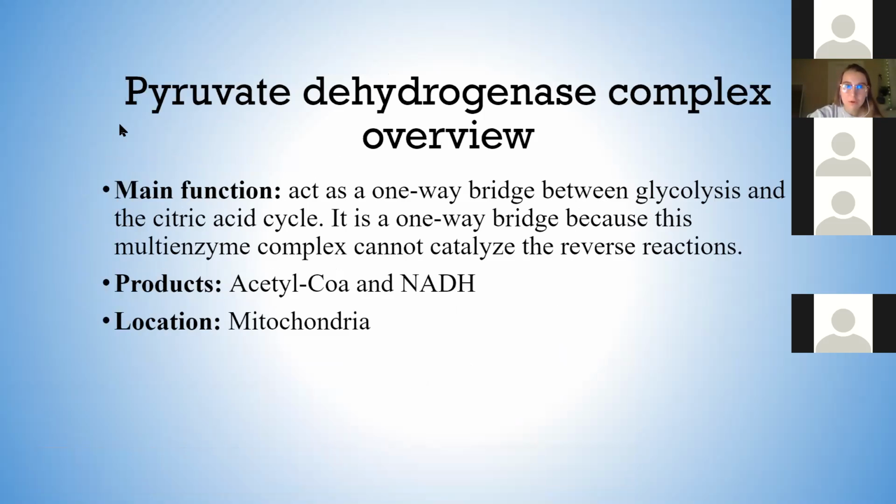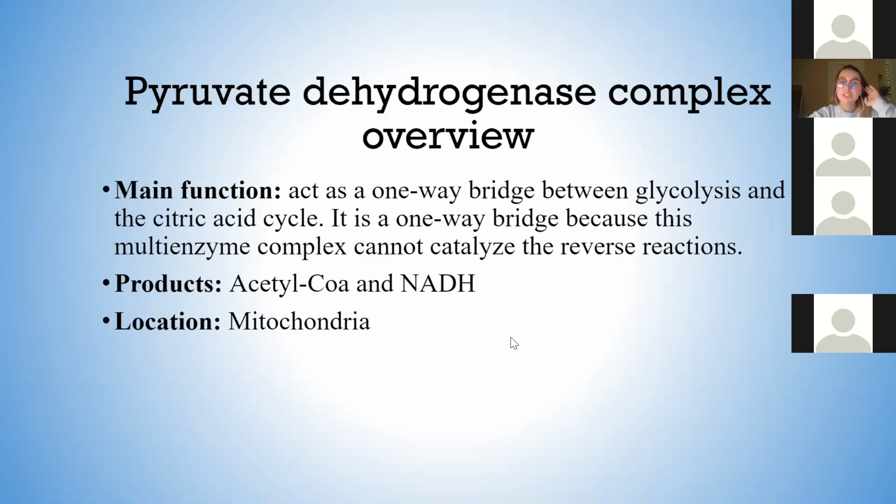Okay, so a brief overview of our pyruvate dehydrogenase complex. In terms of its size, Dr. Zeile mentioned that it is around the size of one glycogen molecule, so it is a sizable complex. It has 3 subunits, essentially, but has many different compartments to each subunit.